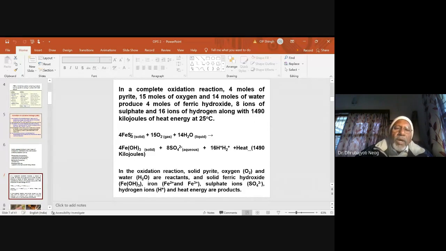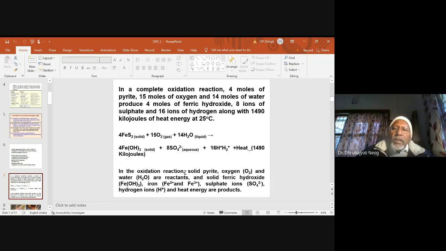So here is the pyrite, 4 moles, reacts with 15 moles of oxygen and 14 moles of water, and then it generates 4 moles of iron hydroxide, 8 ions of sulfate, 16 ions of hydrogen, and then energy.